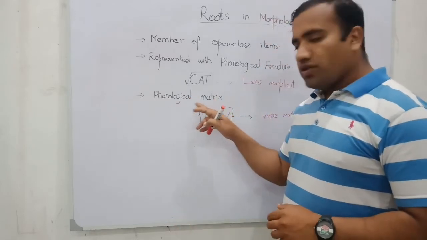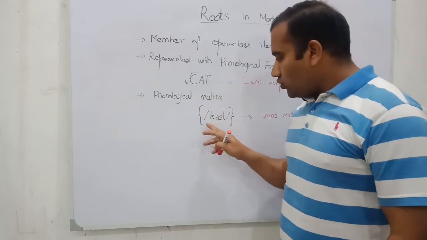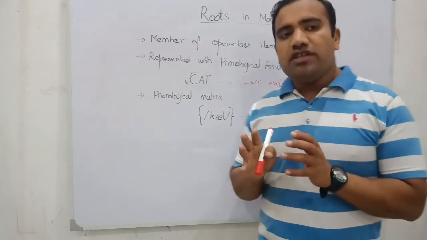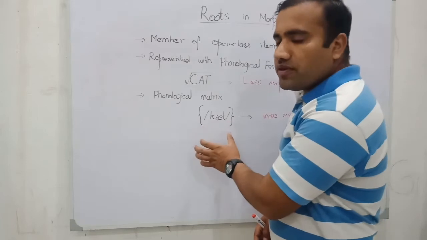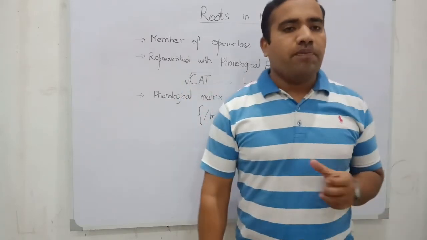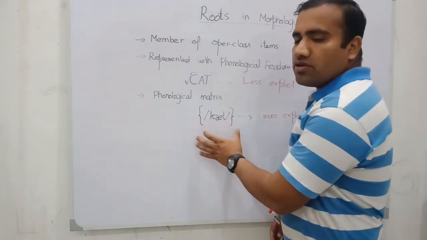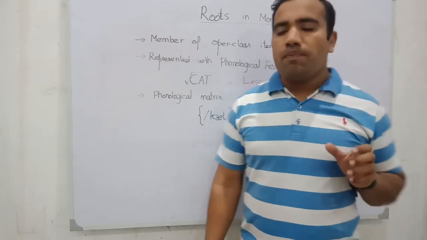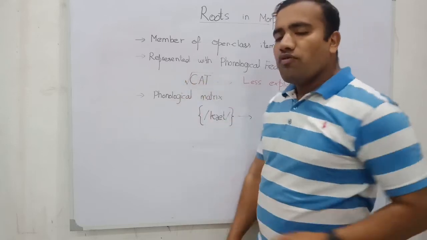This school of thought says that we can represent the roots in this way, and you can see that this is the more explicit way and this is the less explicit way, because in this representation we are giving the phonological features, but in this description we are not.